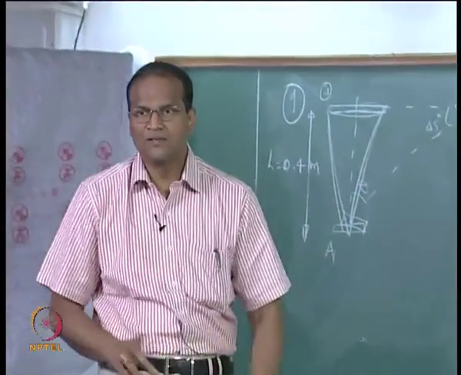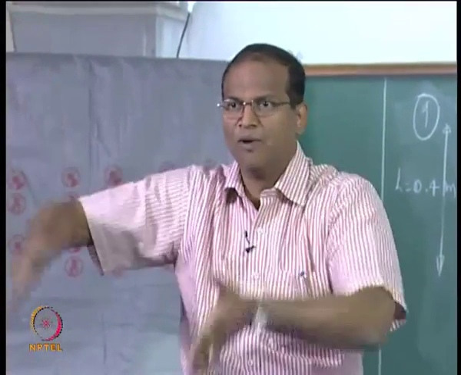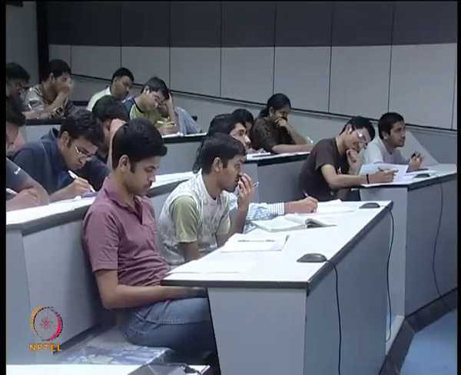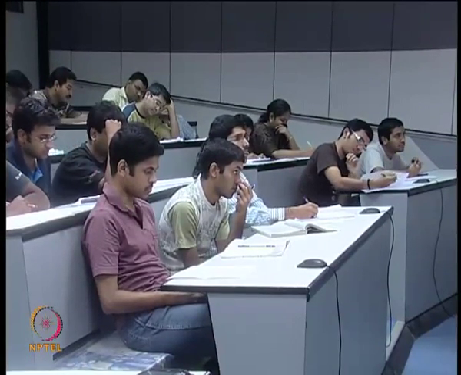Please remember, R means that you are talking about the normal to that radius vector. Okay. Now let us do this part B.